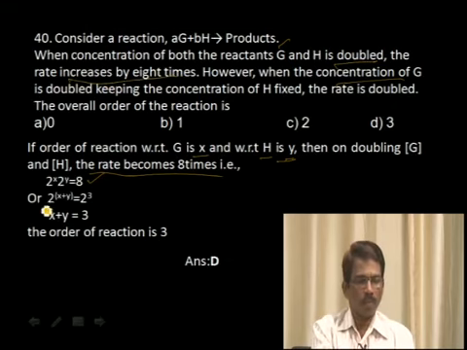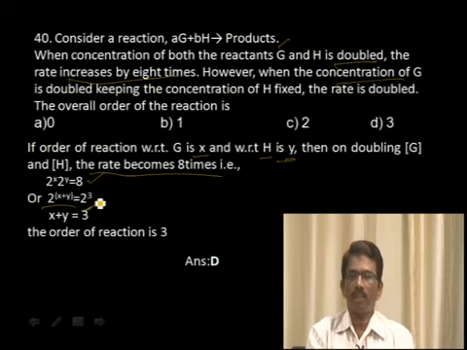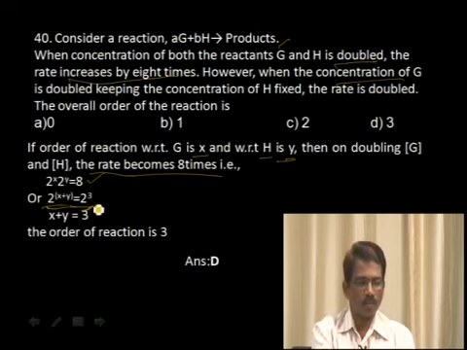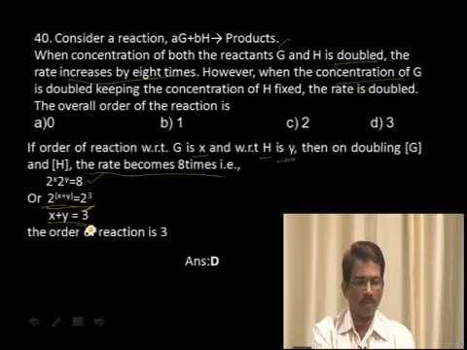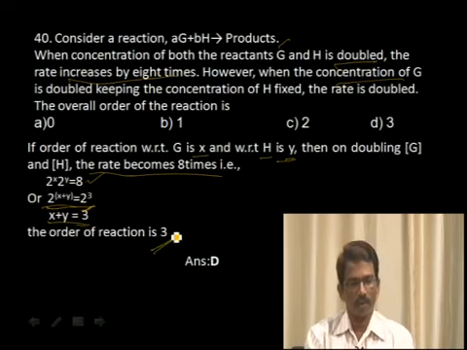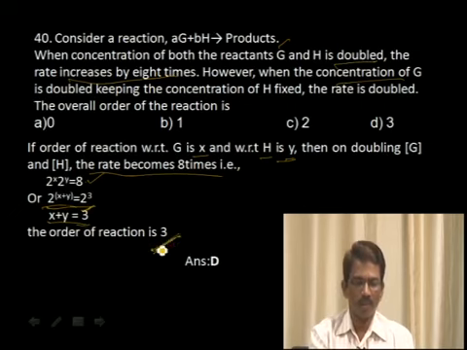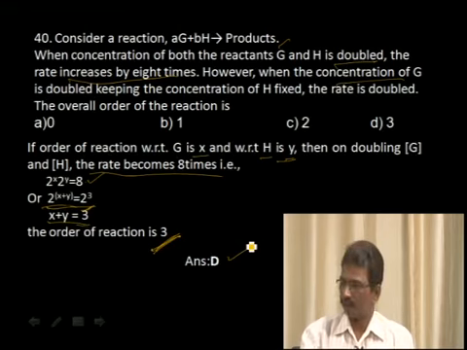Therefore 2 to the power x plus y is equal to 8, which can be written as 2 to the power 3. Obviously x plus y becomes 3, and therefore the overall order of the reaction is 3, and the correct answer becomes option D.